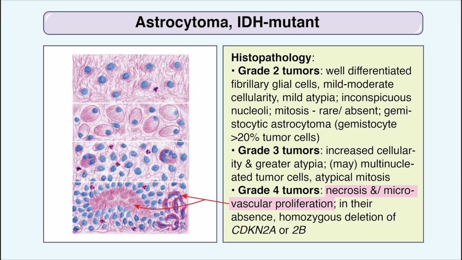CNS WHO grade 4 tumors must have necrosis and or microvascular proliferation. Most importantly, homozygous deletion of CDKN2A and or 2B warrants a diagnosis of grade 4 tumor even in the absence of the above two morphological features.